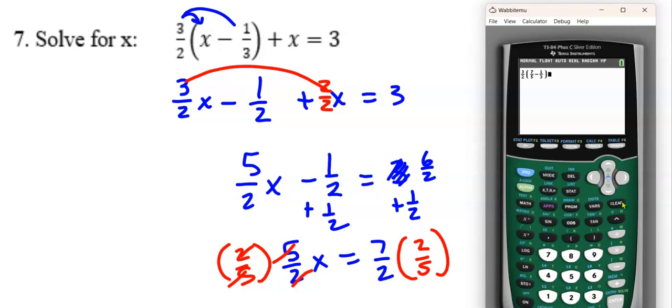Close that, and then plus x, and again, x is 7/5. And I'm going to press enter, and in fact, 3 is equal to 3.